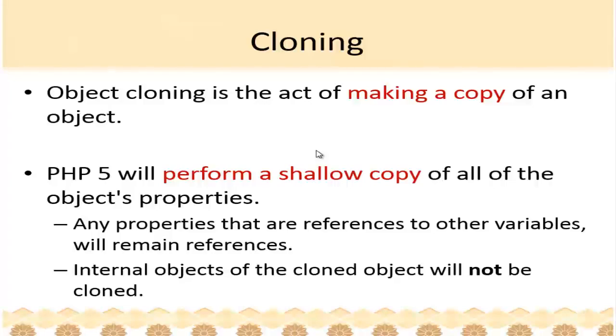Cloning makes an exact copy of it, and cloning was supported in version 5. Most of whatever I have discussed is supported in version 5.x. If you are using the older 4.x version of PHP, these things will not work. Okay. PHP 5 on its own will perform a shallow copy. What's the meaning of shallow copy?